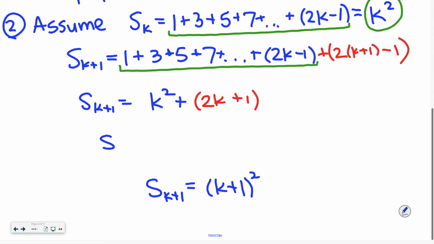Okay. If I rearrange this, oh, I don't have to rearrange at all. What's k squared plus 2k plus 1 factor to? We did it.